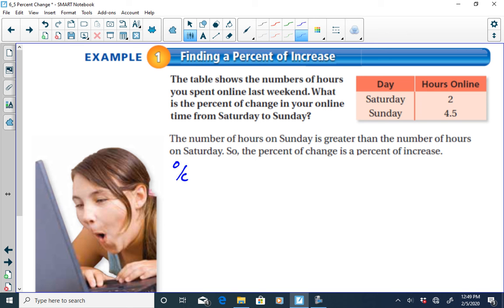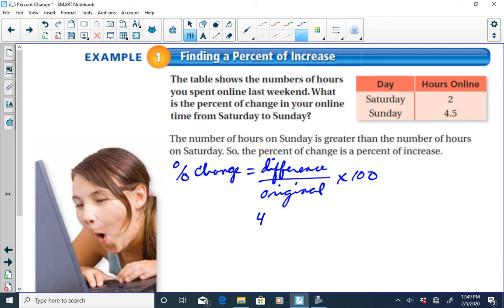percent change, I use the following formula: change is equal to the difference divided by the original times 100. We're going to use that formula to find the percent of increase here. To find the difference, we subtract the smaller number from the larger number.